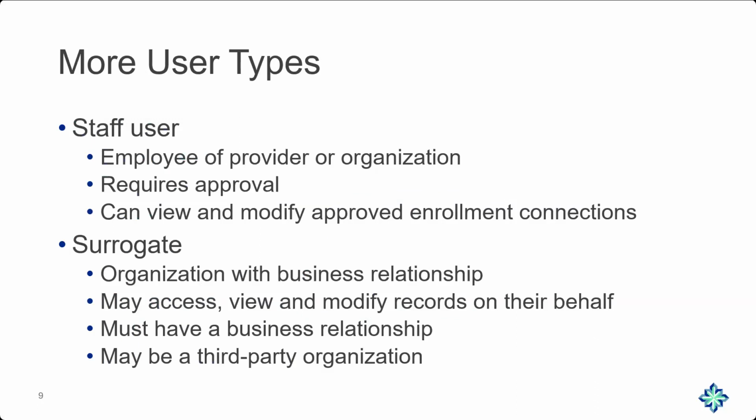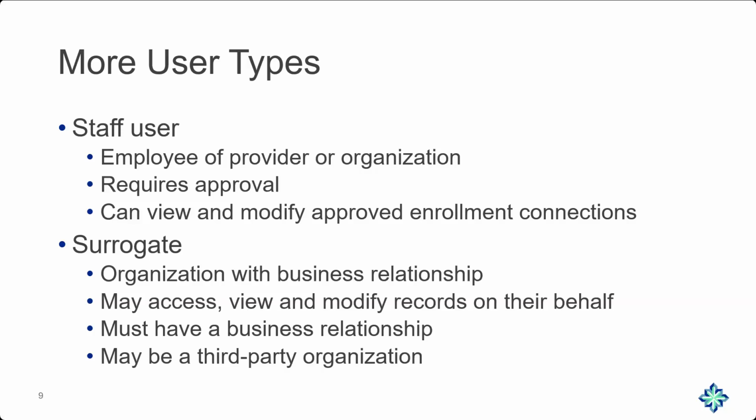So a staff user is going to be somebody who is directly employed by that group, that organization, that facility. So here you want to think inside billing staff, inside credentialing staff. They work for the facility whose applications they're going to be submitting, manipulating, and correcting, things of that nature.